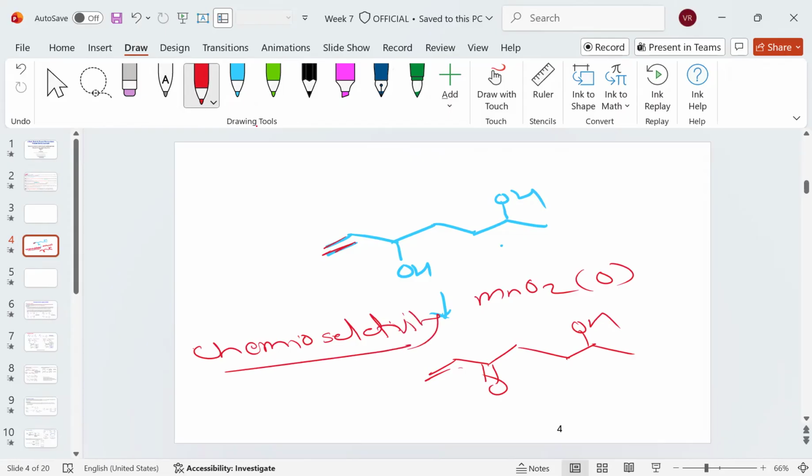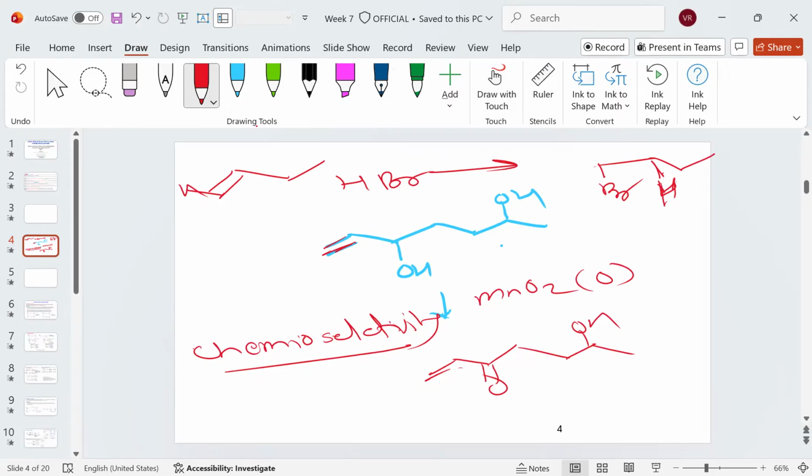See, only one functional group selectively reacts. So this is chemoselectivity. In regioselectivity, we have already studied several examples, like the addition of HBr across this double bond, so Br is attached here and hydrogen attached here, right?